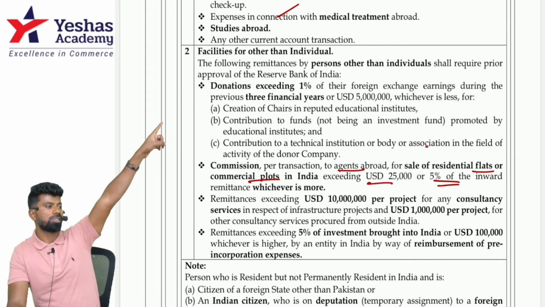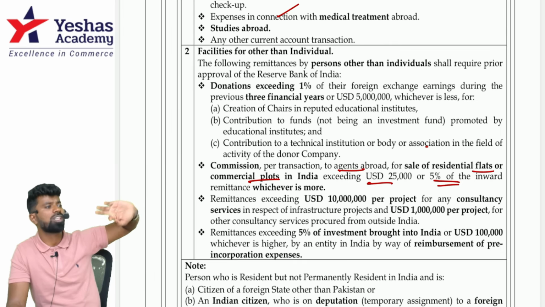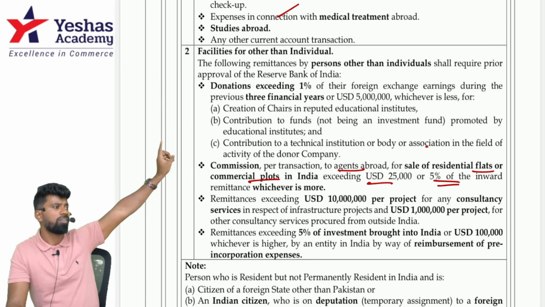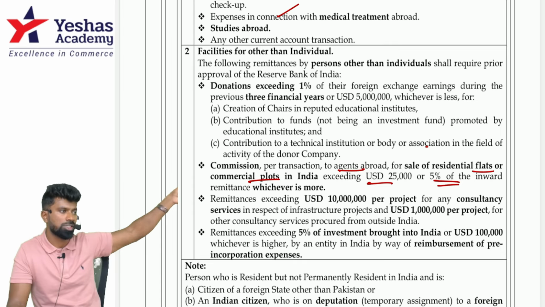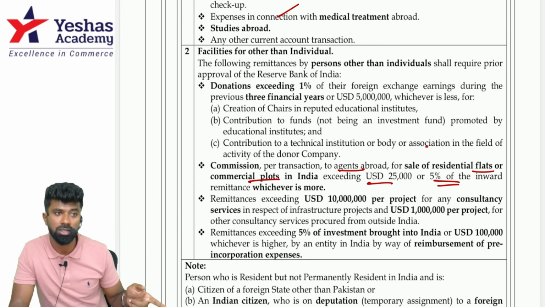I have employed a person abroad to sell flats in India to persons resident outside India. How much commission can I pay him? 25,000 US dollar per transaction or 5% of the inward remittance received, whichever is more.